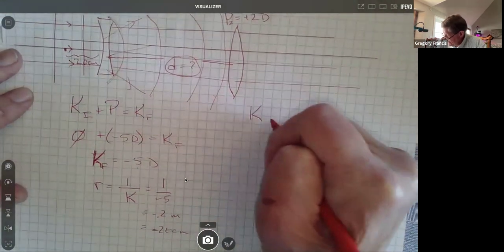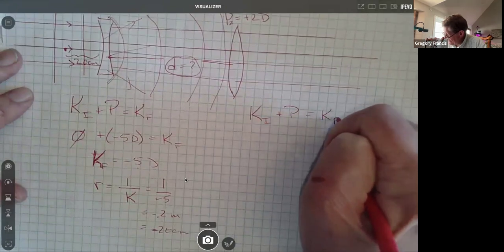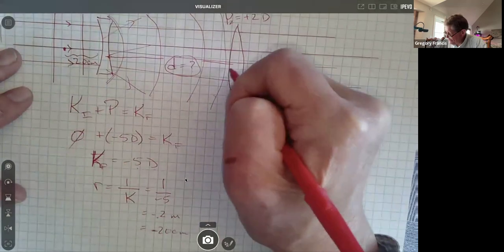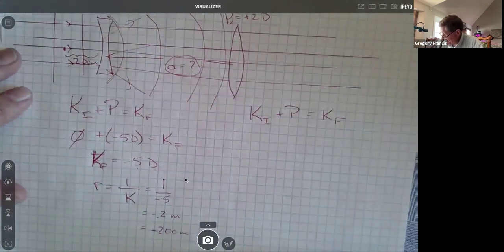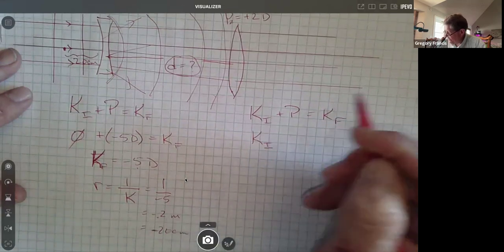So again, we use our formula. This time we're looking for the curvature right before that second lens. And so that's what we don't know. That's what we're solving for.